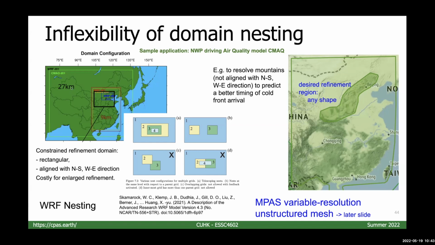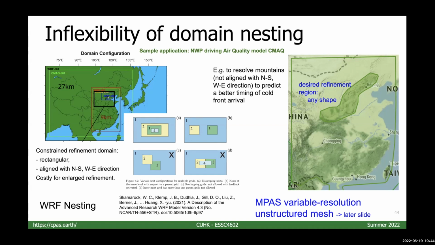And then one nested domain, the red one, D02, has 3 times finer resolution, 9 km. And then also going inner, the blue one, D03 has a 3 km resolution.